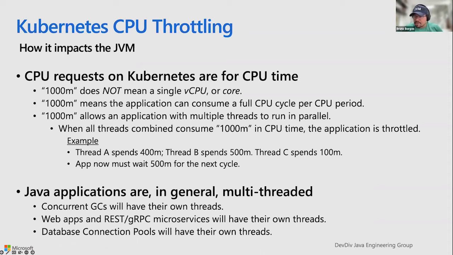Now your application has to wait 500 millicores. So your application will pause for half a CPU cycle, which is, of course, insignificant for one particular execution, but it can add up quite easily when we are talking about tens of thousands of requests per second, or even way more than that.